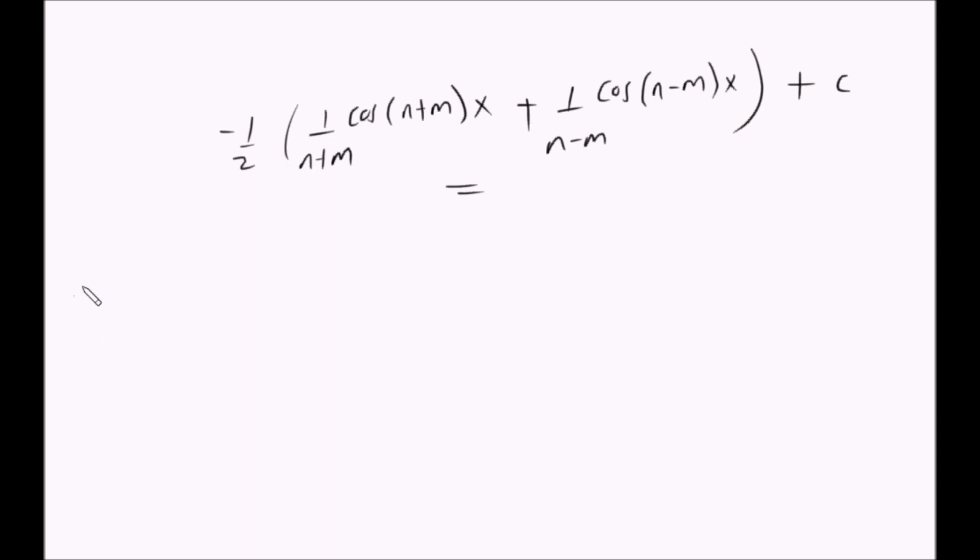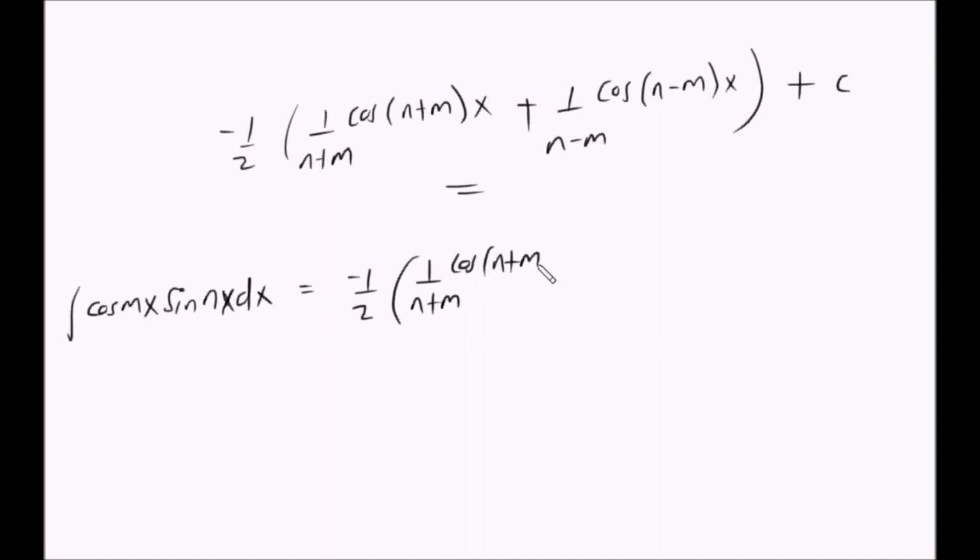So you can see that the integral of cos of mx times sin of nx is equal to negative half, with respect to x (I normally forget the with respect to x, it doesn't matter, you understand what I'm saying), of 1 over (n plus m) times cos (n plus m) times x, plus 1 over (n minus m) times cos (n minus m) times x, plus c.